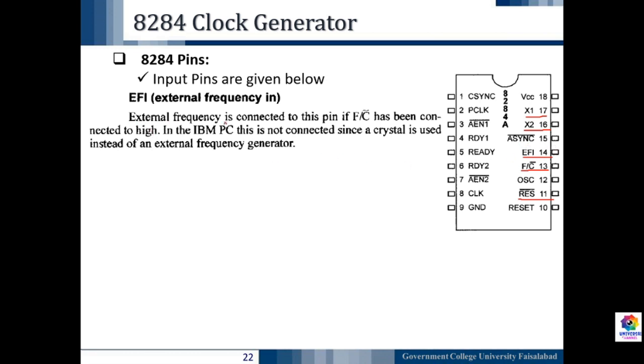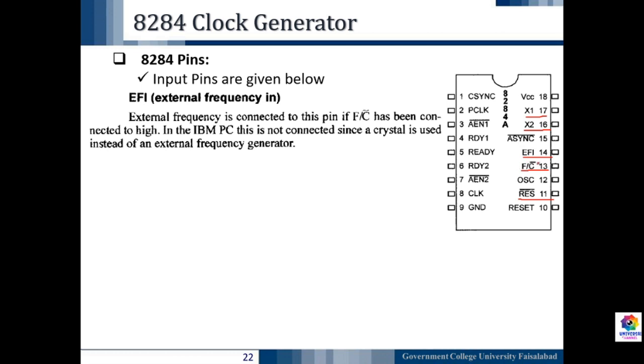So the external frequency is connected to this pin, and the F/C bar pin, pin number 13, will be connected to a high signal, because when we apply an active high signal here, the EFI will be enabled.